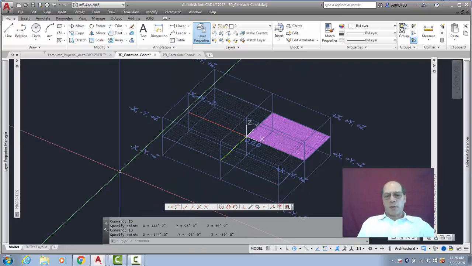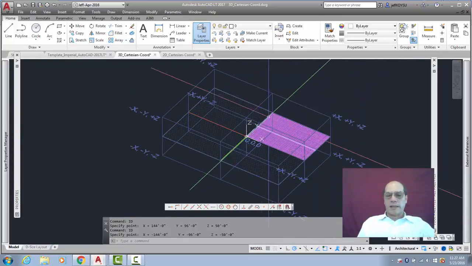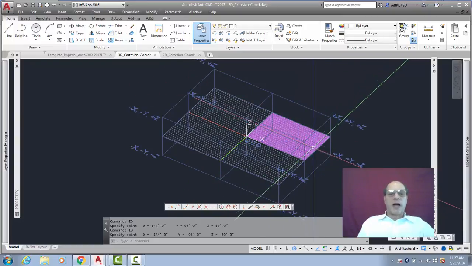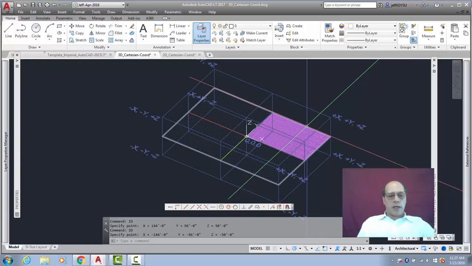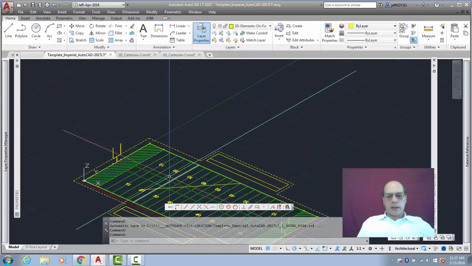So imagine this being a football field, a soccer field, lacrosse field, and you've got the goalpost or the goal, and it's sticking up in the air. How would you define that? Well, let's look at another drawing I have, and that is over in a 3D space. And you'll notice that we've got goalposts and little pylons.